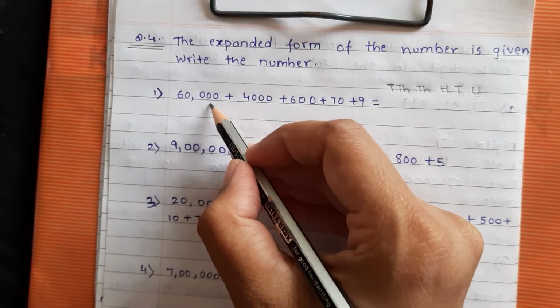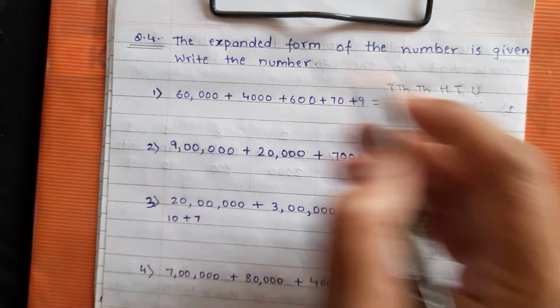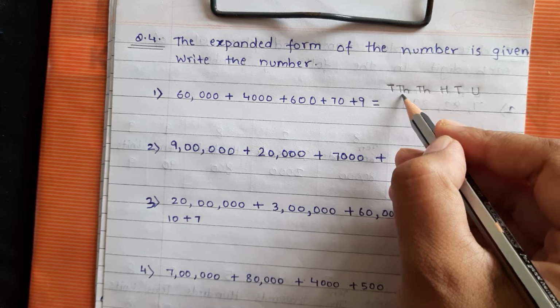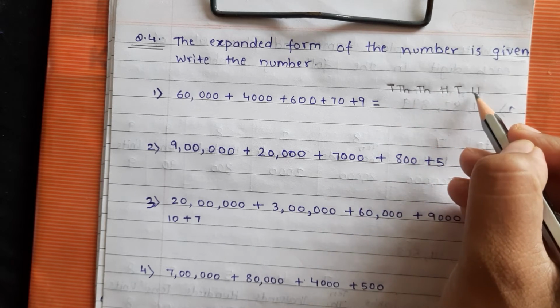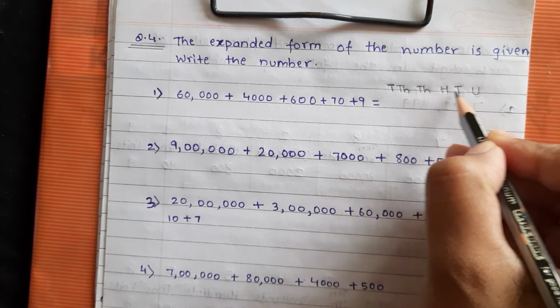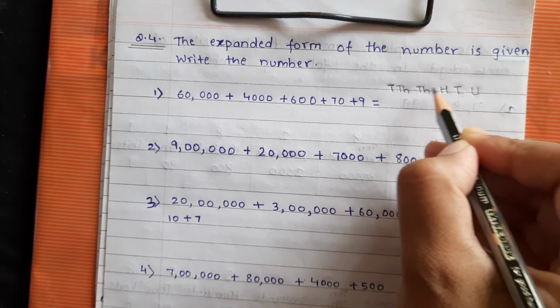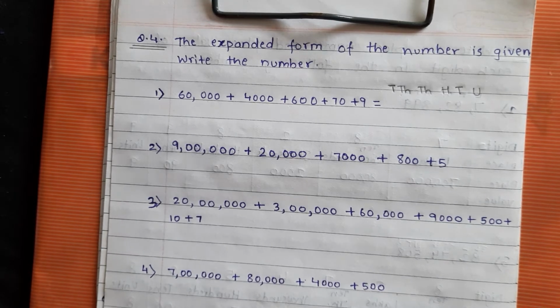Understood? First observe the biggest number and start writing all the places from that biggest place. Don't miss any of the places. In proper order you have to write all the places: 10,000, thousand, hundred, tens and units.